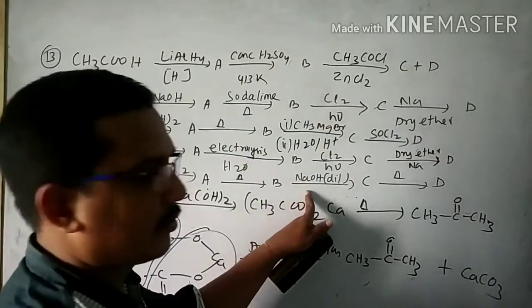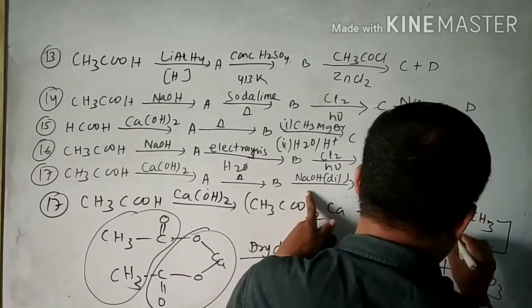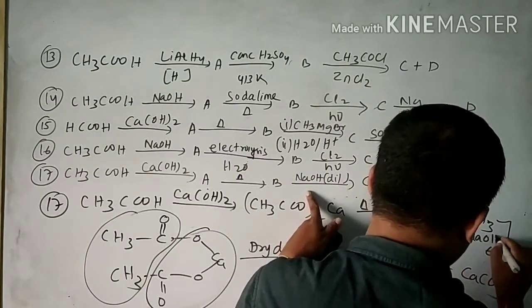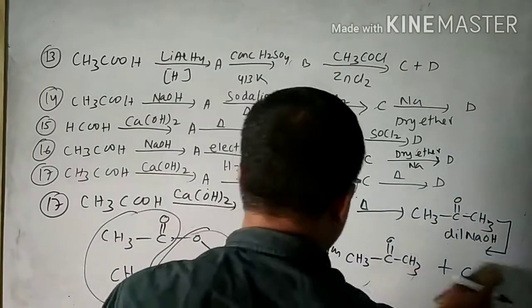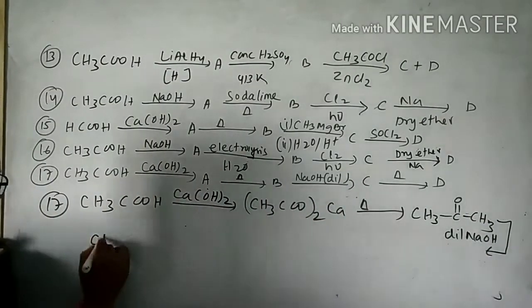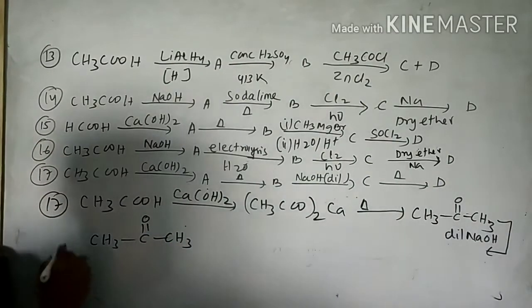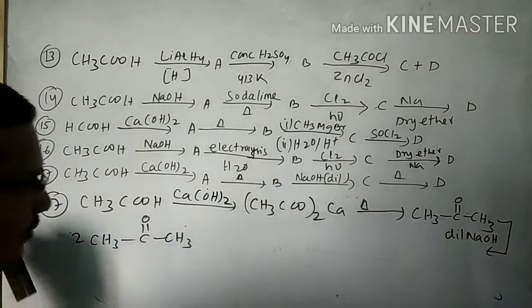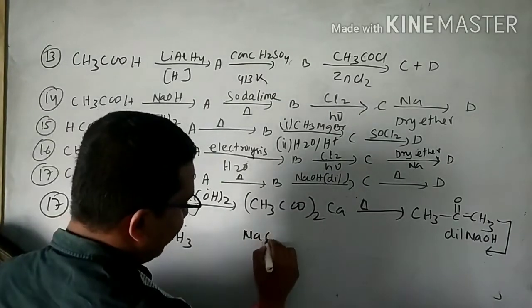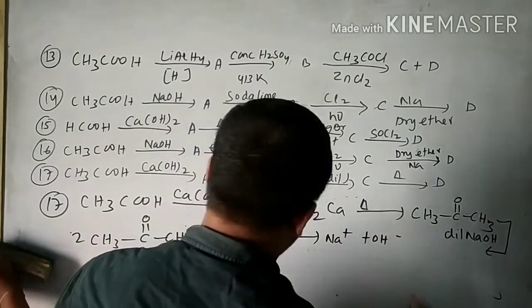Next it is subjected to reaction with dilute NaOH. That means it undergoes an aldol condensation reaction. Two molecules of acetone will be taken. At first NaOH breaks, giving Na plus and OH minus.